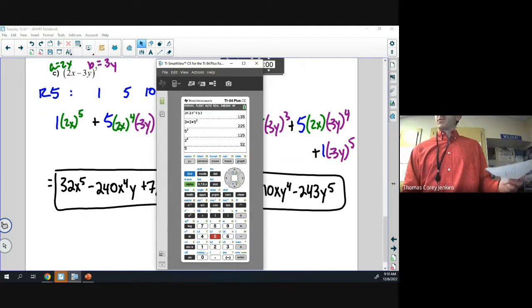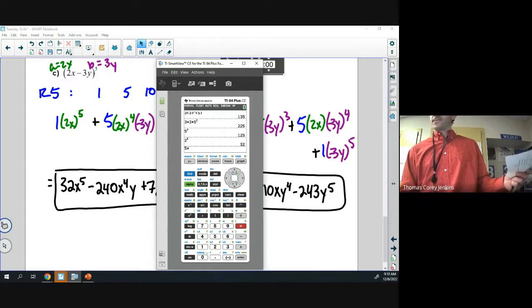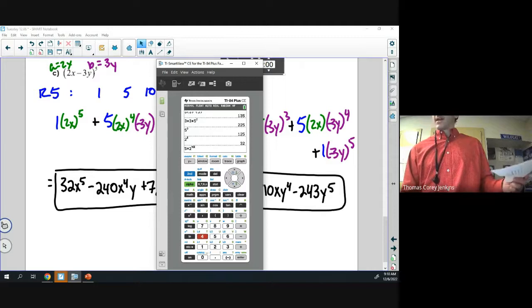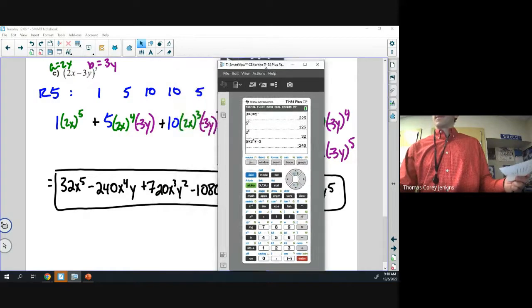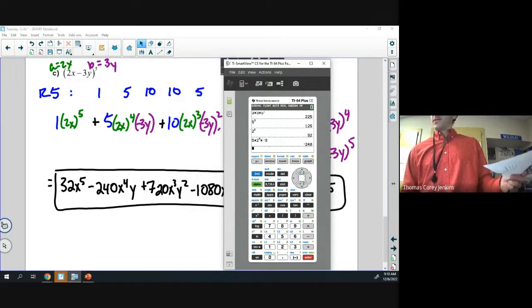Coefficient of the next term would be 5 times 2 to the 4th, and then times negative 3. So that's where we get our minus 240. Then our next coefficient would be 10 times 2 cubed times negative 3 squared. This is where parentheses can kind of come into play.